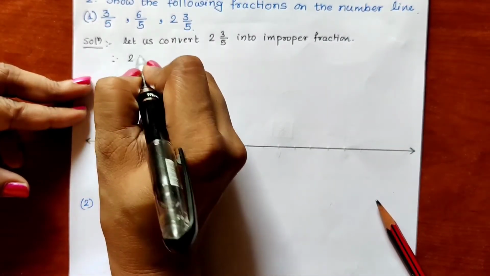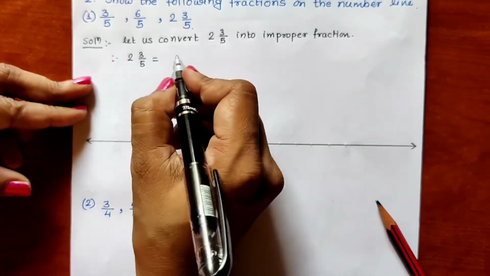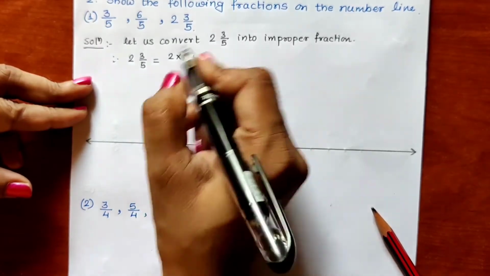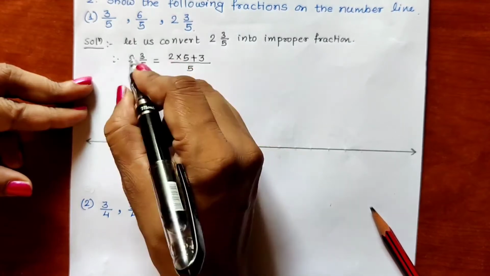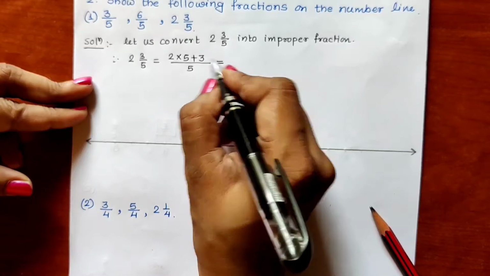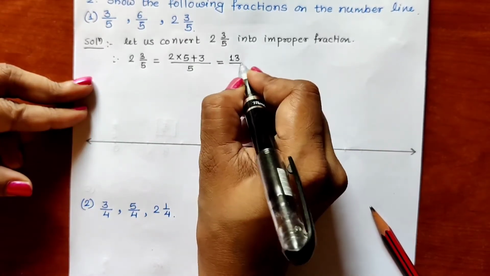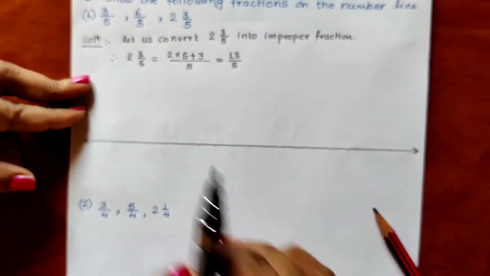Therefore, 2 integer 3 upon 5 is equal to integer into denominator plus numerator upon denominator as it is. Integer into denominator plus numerator upon denominator as it is. 2 5s are 10. 10 plus 3, 13. 13 upon 5. So 2 integer 3 upon 5 means 13 upon 5.